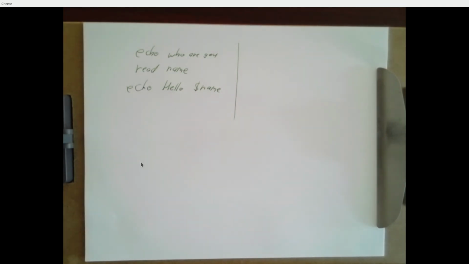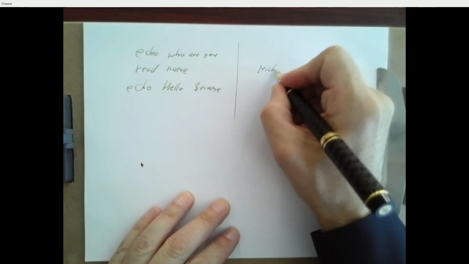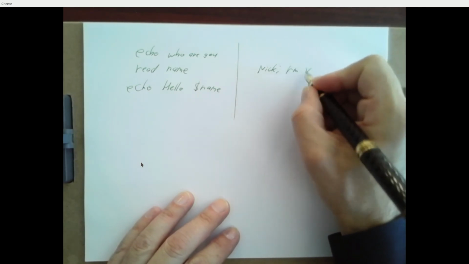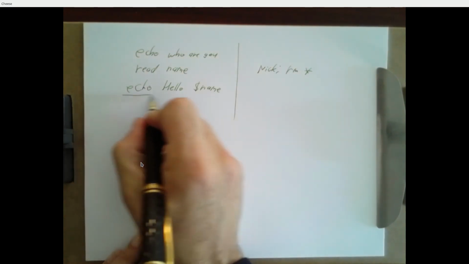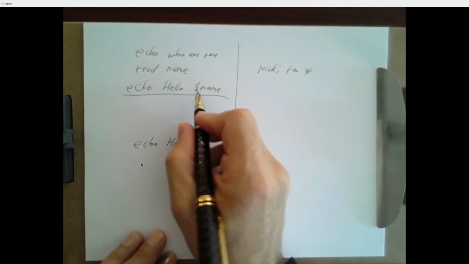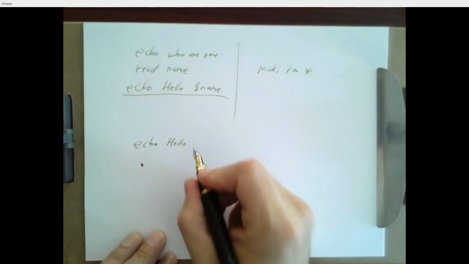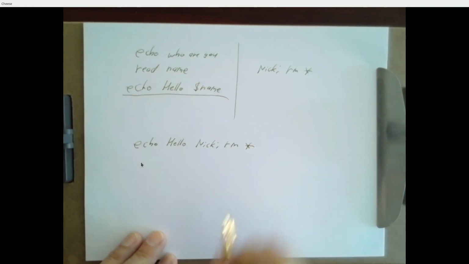Here's what could have happened in some older versions of shells. You run this, the code's running on the server to ask you for the name, you type in your name, and you say, my name is Nick; rm *. And the shell would take this and it would do the following: echo hello, and it'll replace $name with the value of $name, which is Nick; rm *, and now it sends this to the shell to execute.